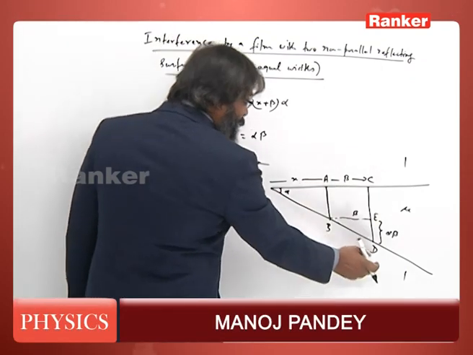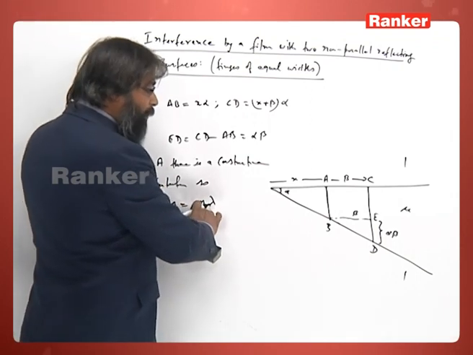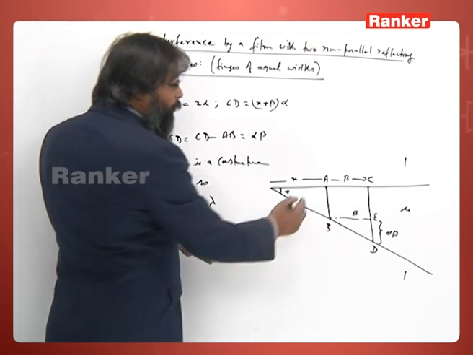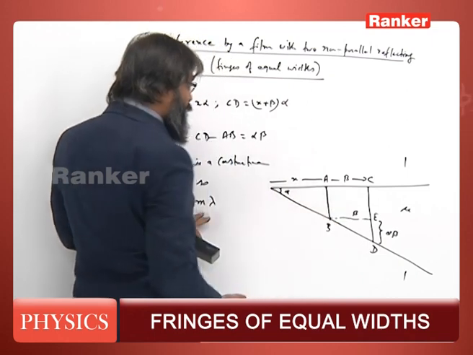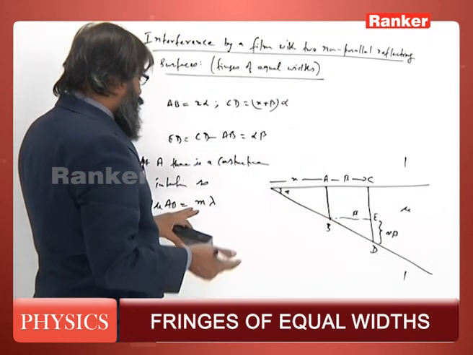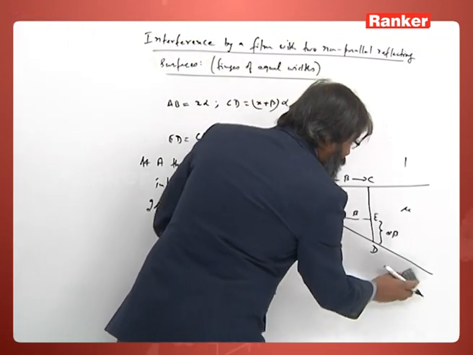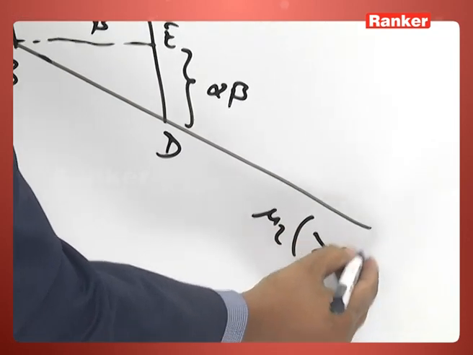So for constructive interference it is m lambda, or otherwise it will be (2m plus 1) lambda by 2, because during this reflection there is a phase shift, but here there is no phase shift. So no problem. Suppose here I assume there is a medium mu2 denser than mu.